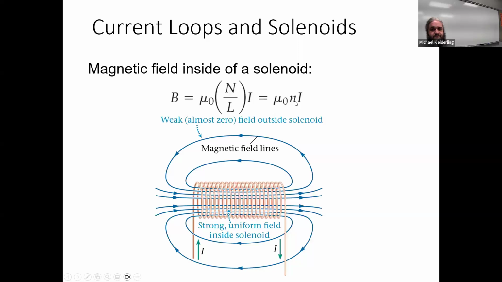Here N over the length is the number of turns per unit length. So it's mu naught times number of turns over the length times the current.